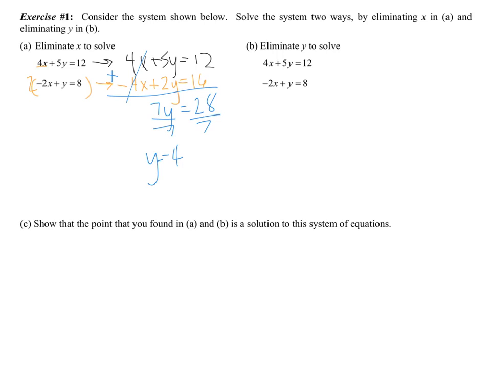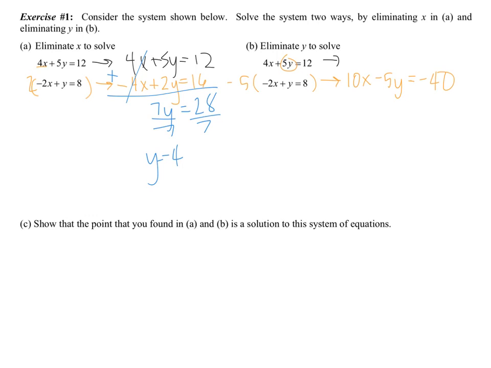We could do the same thing to eliminate y, but this time I want to get the y's to both be 5. So the bottom one is 1, so we multiply by 5. But if the top equation is a positive 5, the bottom equation has to be a -5. So if I multiply all 3 of those, I get positive 10x -5y equals -40.